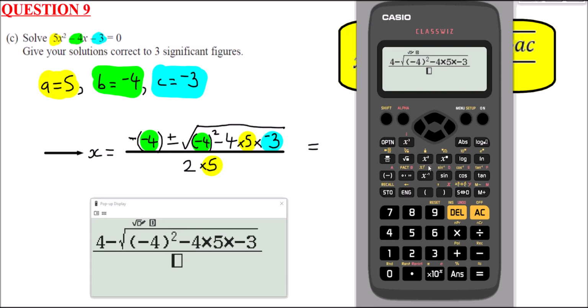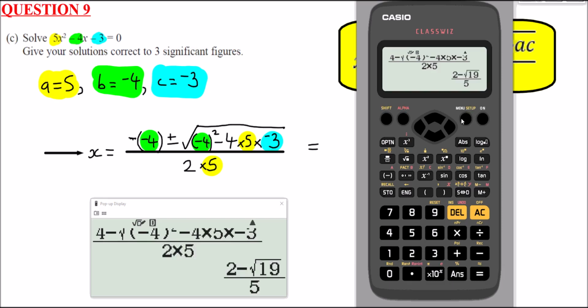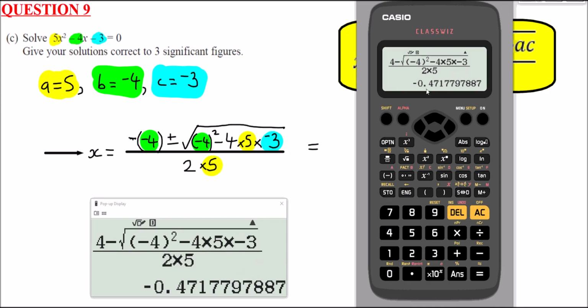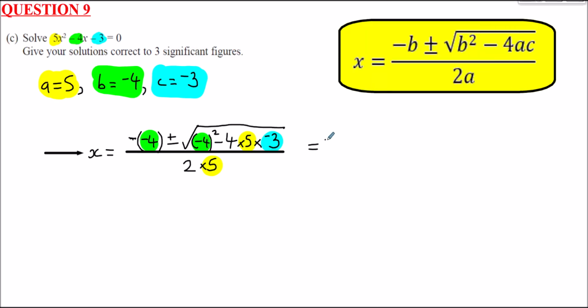Then the bottom, 2a, is 2 multiplied by 5. So, first of all, to 3 significant figures, we have this third. If we press S arrow D, we can convert it into a decimal form. So we have -0.472 to 3 significant figures, because that 7 next to the 1 forces that 1 to round up to a 2. So -0.472.